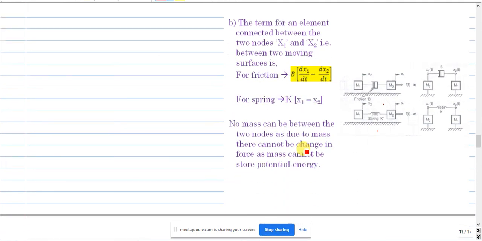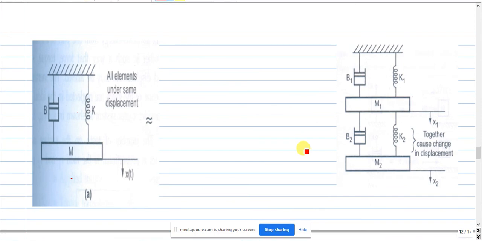So it is the same slide. Yeah, now I have some problem. Okay, so this I have done. For the second problem I will show you how to write the nodal diagram. So remember all 5 steps.